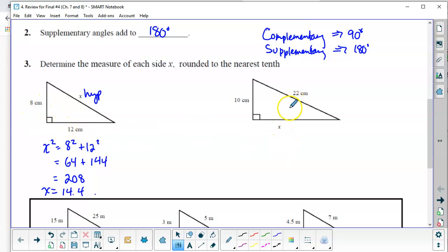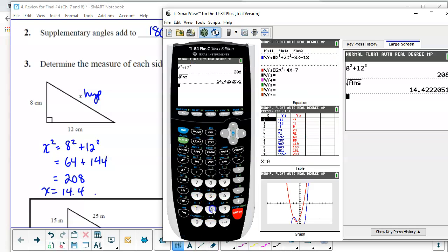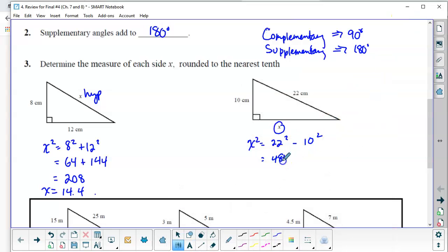Okay. Next one, we're looking for a leg. So now we take the hypotenuse squared and subtract the other leg squared. So this one, 22 squared is 484. So 484 minus 100 is 384.